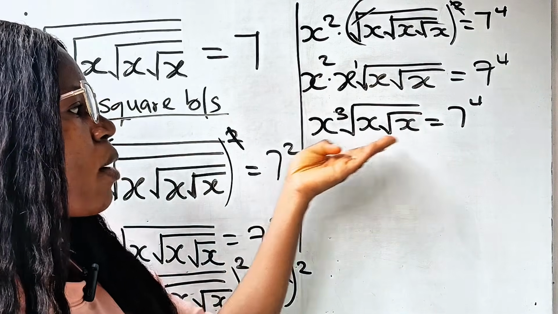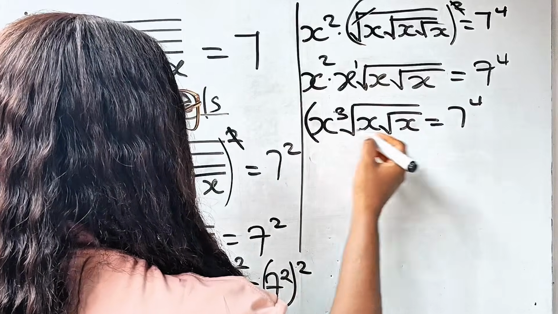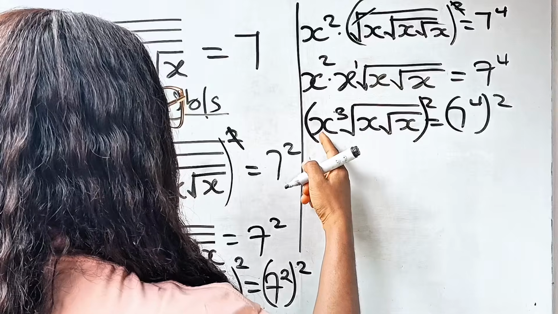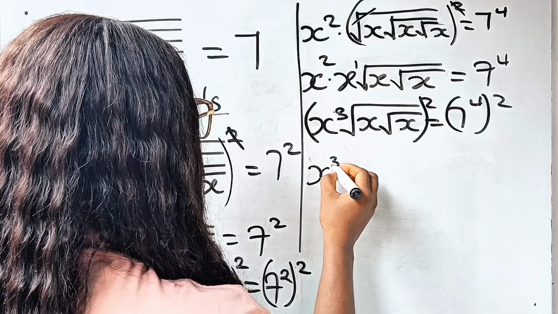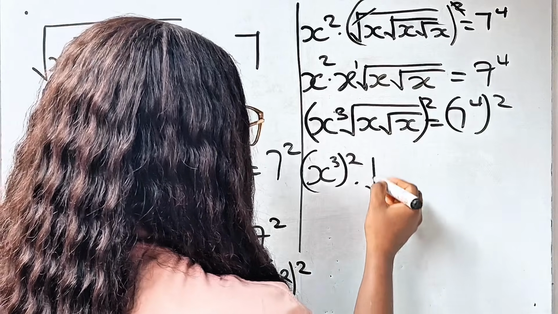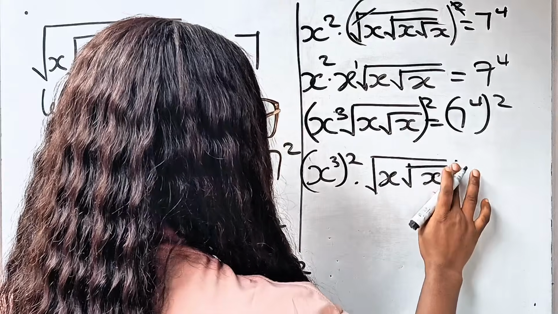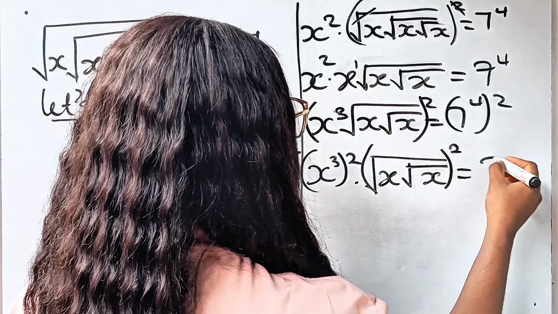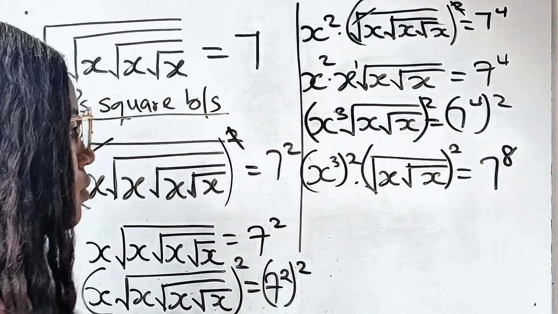So now we will square both sides again. It's going to be x to the power of 3 raised to the power of 2, multiplied by the square root of x root x raised to the power of 2, is equal to 7 to the power of 4 times 2, which is 8.